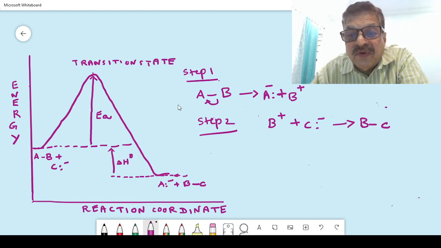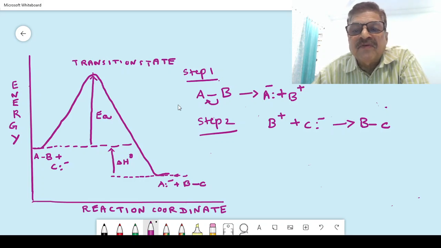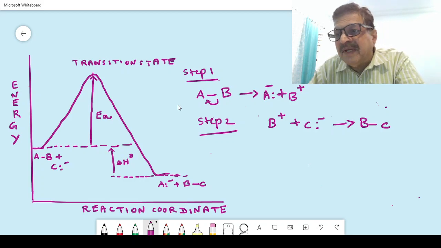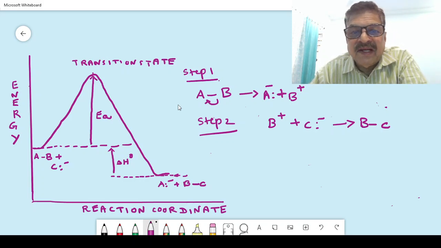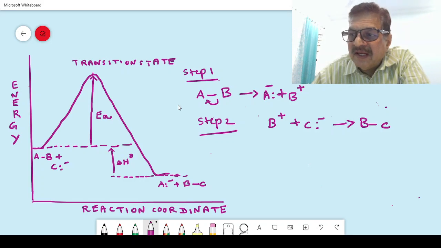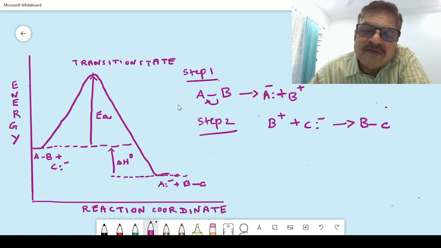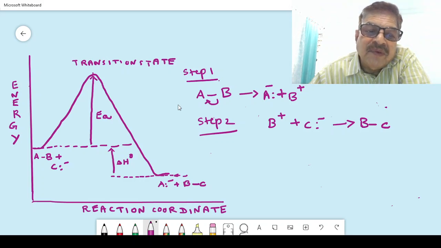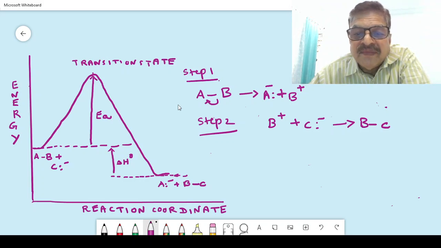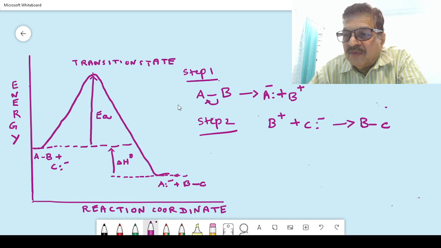That is, bond breaking and bond formation do not take place simultaneously here. One is before the other one. That is, bond breaking takes place before bond making here. Correct. So B plus is an intermediate here. This cation B is formed in step 1 and it is consumed in step 2 here.